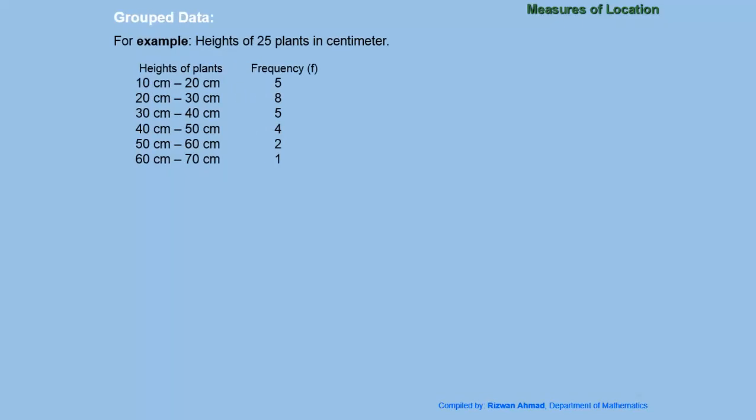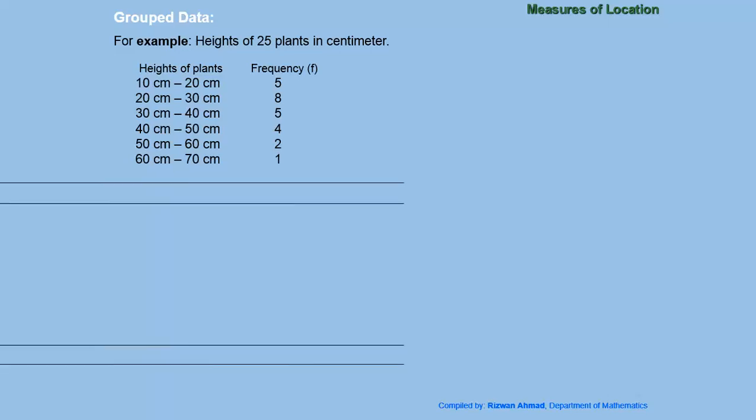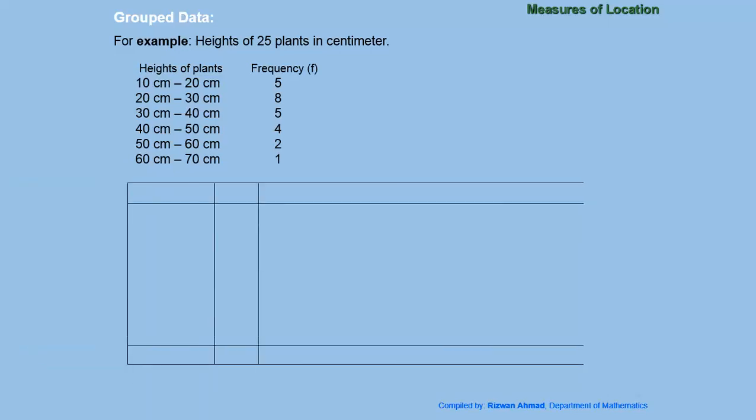Now for grouped data, we have a frequency distribution, and we will find the mean of this. We can also write this frequency distribution like this: the classes are from 10 to 20, 20 to 30, 30 to 40, and so on, and their frequencies are 5, 8, 5, 4, 2, 1.